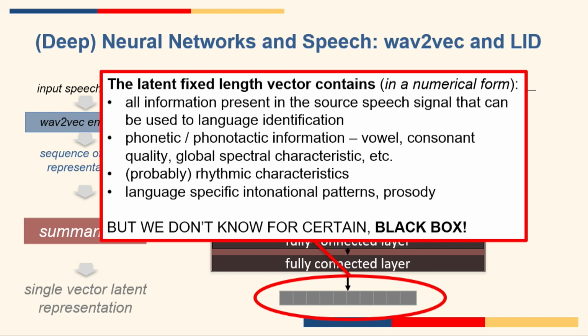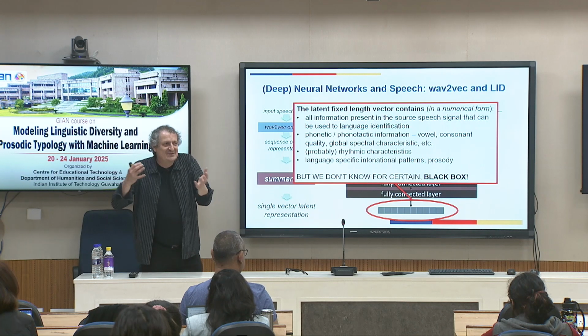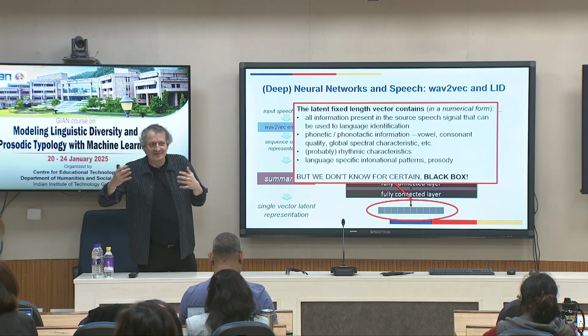It almost certainly contains phonetic, phonotactic, and spectral information about the signal. Not necessarily detailed phonetic or phonotactic information, not necessarily the formant values for the entire vowel space of a given language, but some complicatedly, presumably encoded spectral characteristics of the signal, which are relevant for language identification.